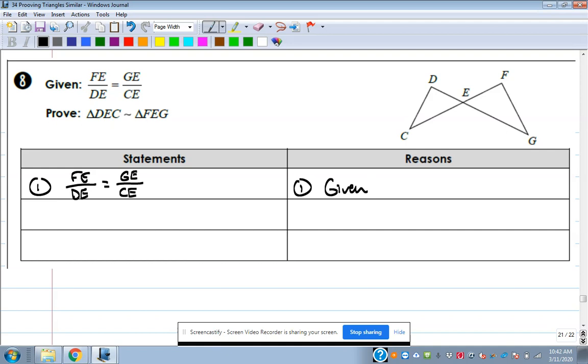Because what do you get for free in there? You get vertical angles. So we've got angle DEC congruent to angle FEG, vertical angles.